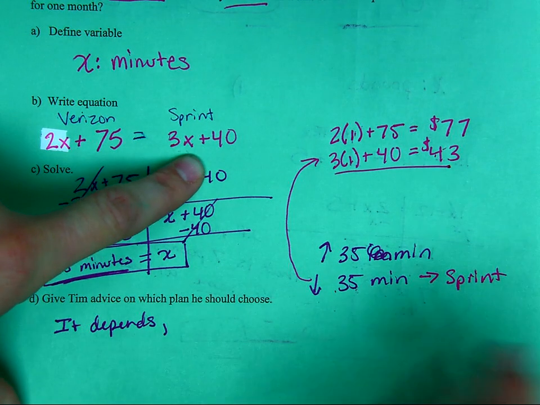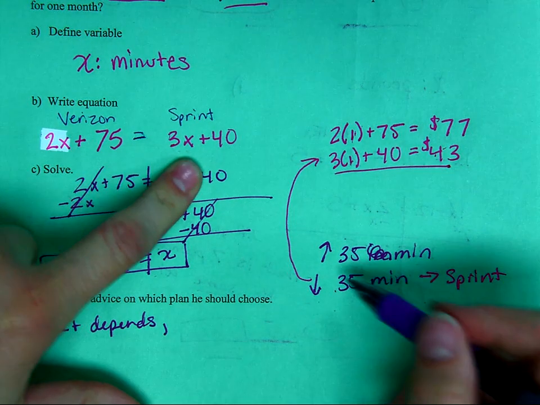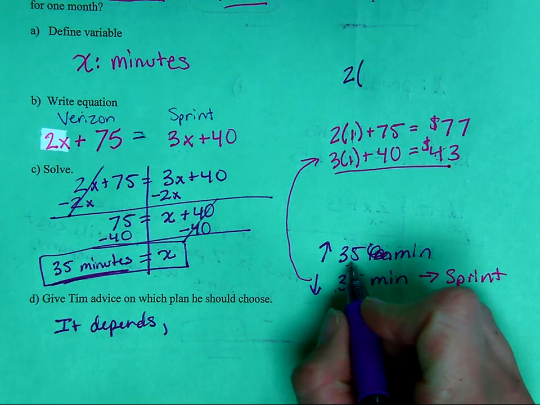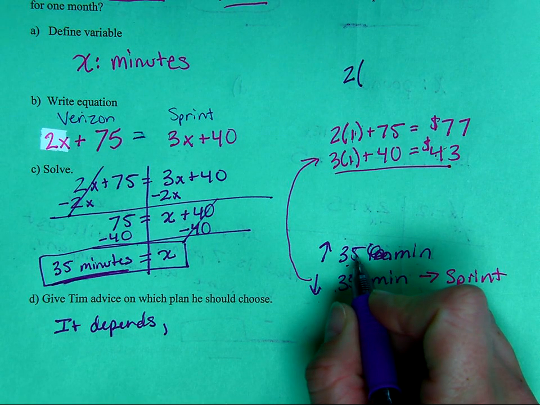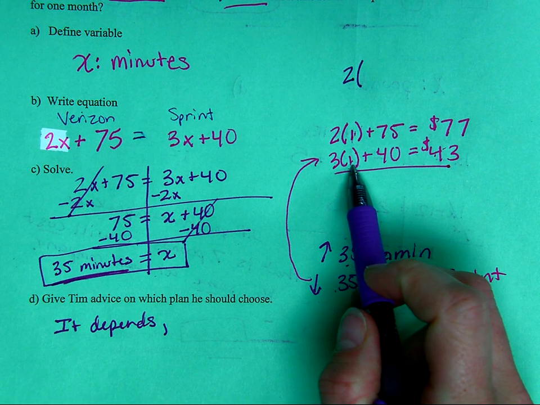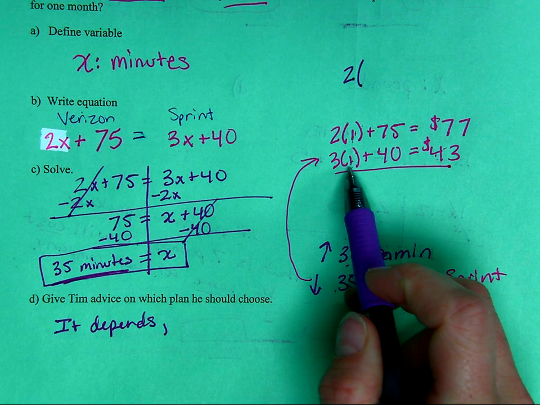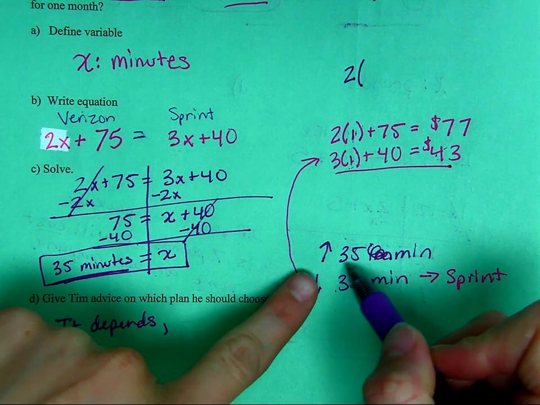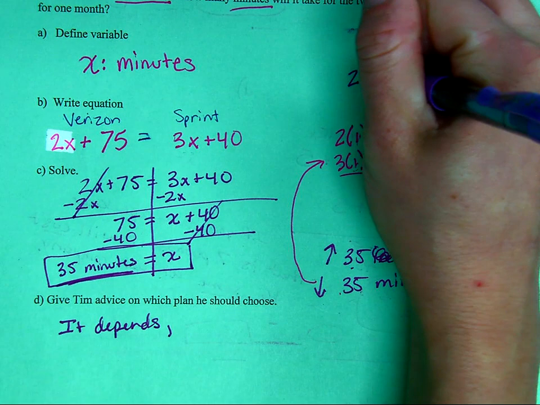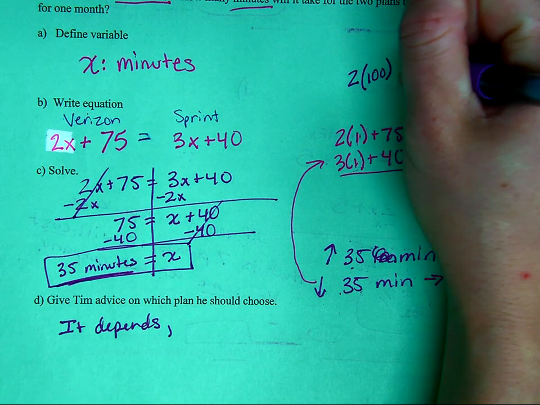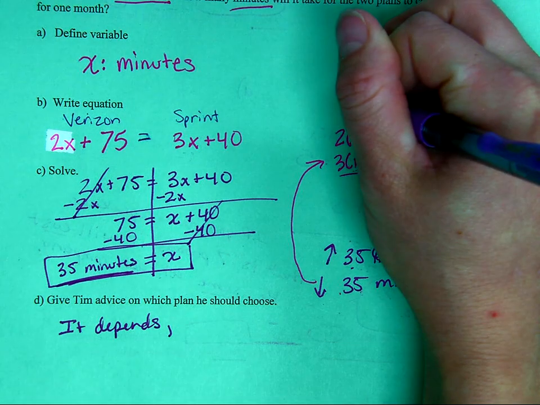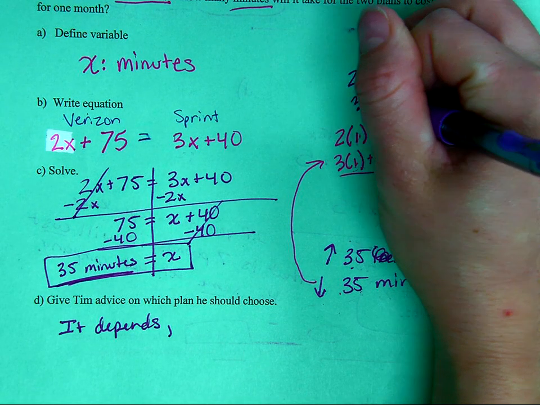So more than 35 minutes, I can do the same thing. At Verizon, so I want to pick a number greater than 35 to plug in. Okay, I chose 1 when I was doing less than 35 because that's a really easy number to do a calculation with. So when I think of a number greater than 35 that's really easy, I think of a 100, but you could use any number that's more than 35. Okay, so I'm plugging these both in.